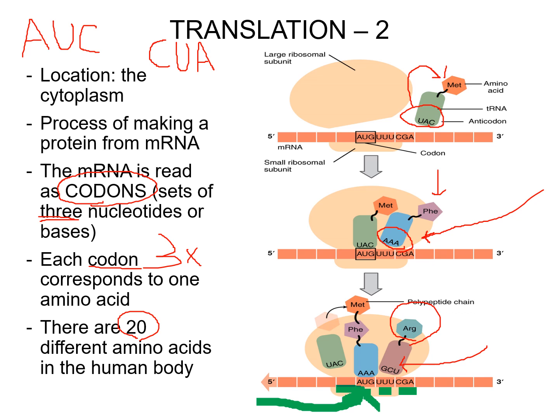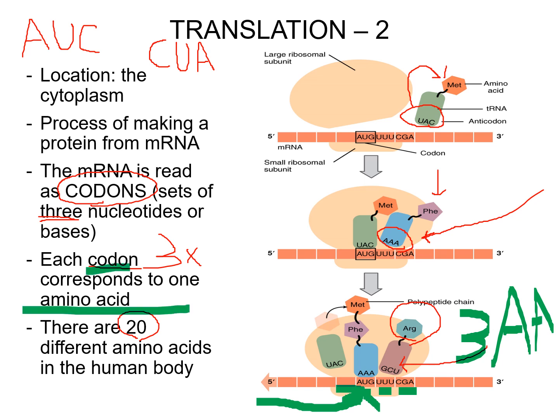And that's going to mean it's going to code for 3 amino acids. So one codon codes for 1 amino acid. If I have 52 codons, I'm going to have 52 amino acids. And if you put 52 and 400 amino acids together, you're going to get your proteins.